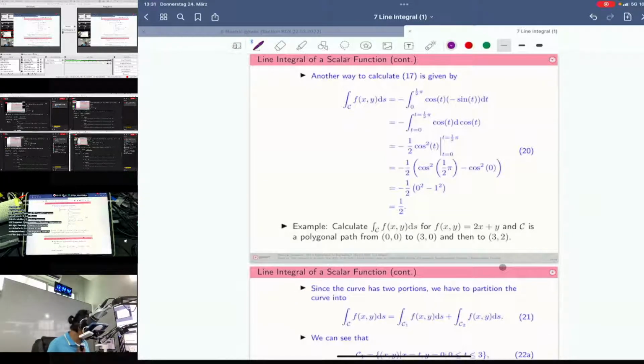Circle is quite simple. It's the traditional, a simple shape, right? The circle, but polygonal is different from the previous problem.